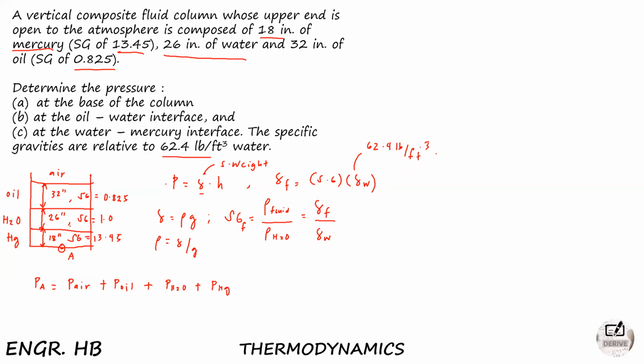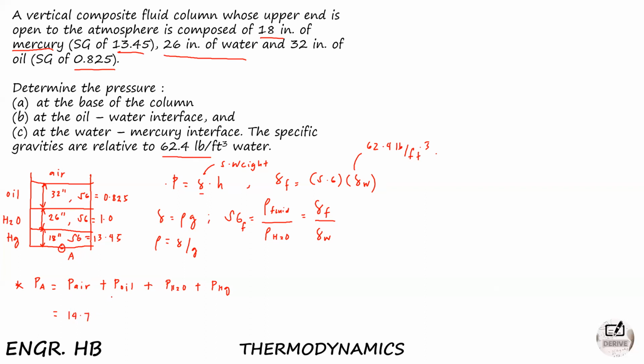So, ibig sabihin, we may proceed on this, no? Kasi kailangan in order mamaya yung transition natin ng unit analysis here. So, pressure at the bottom is equal to the sum of the pressure of the fluids plus the pressure of the air. Okay, so we all know na ang pressure ng atmospheric is 14.7 psi.